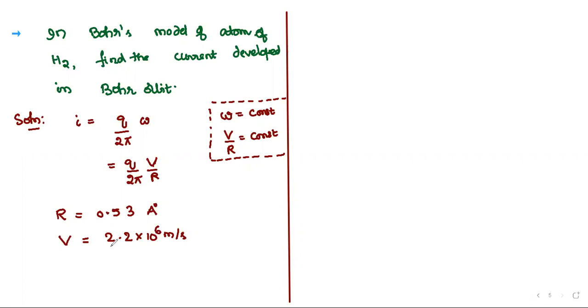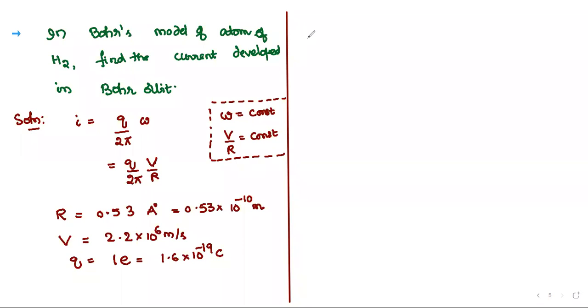And Q: it is the hydrogen atom, only one electron revolves in an orbit, so Q equals 1 e, that is 1.6 times 10 power minus 19 coulomb. I think now you can solve it, even using the calculator at home. Radius is 0.53 angstrom; remember the value of angstrom, 10 power minus 10 meters.